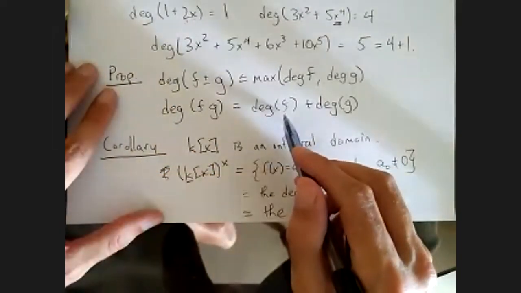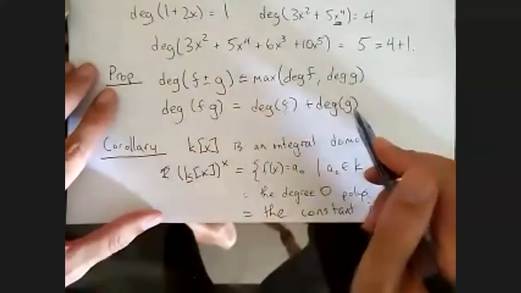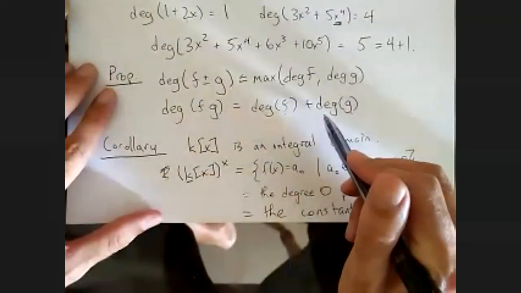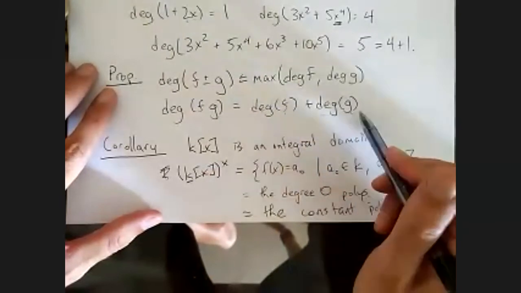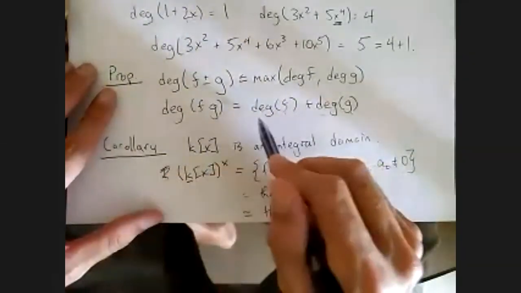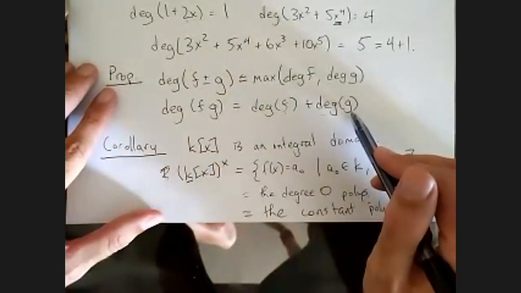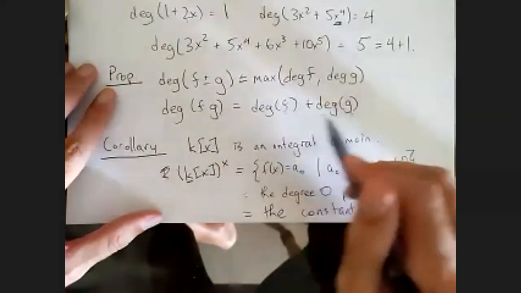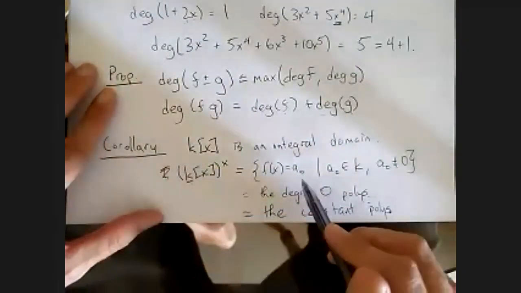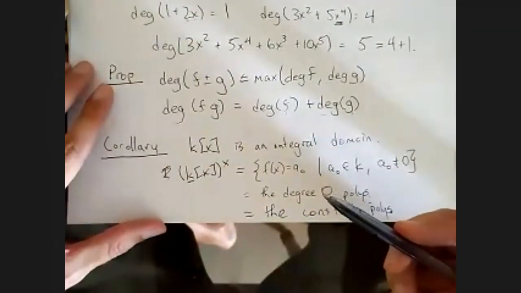And in order to have degree of f plus degree of g equals 0, well, these are both natural numbers, both greater than or equal to 0. So the only way to have their sum equal 0 is if they're both 0. So the only way to multiply two polynomials to get 1 is if the two polynomials are just constants.